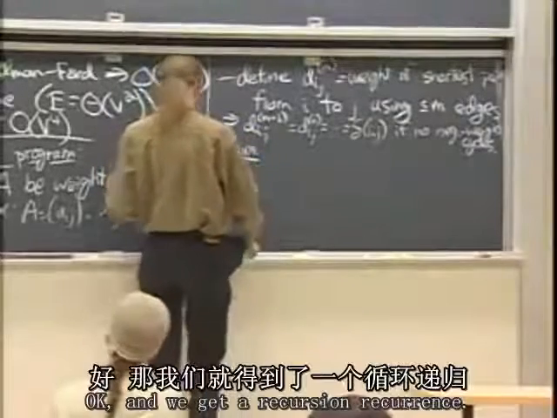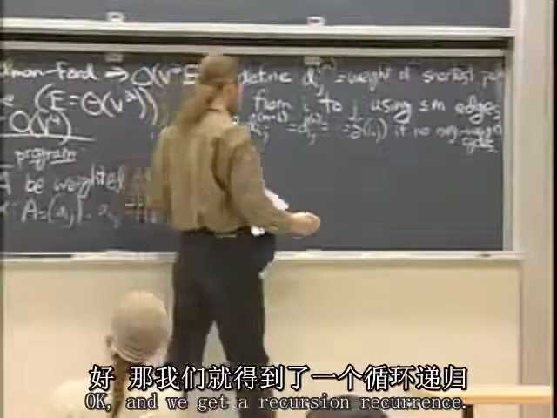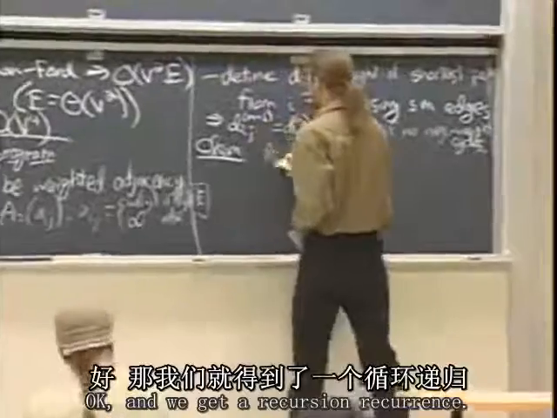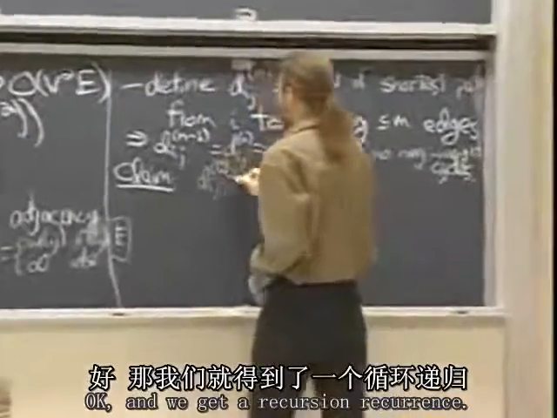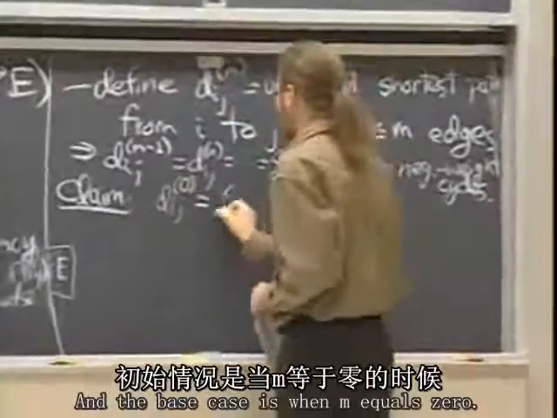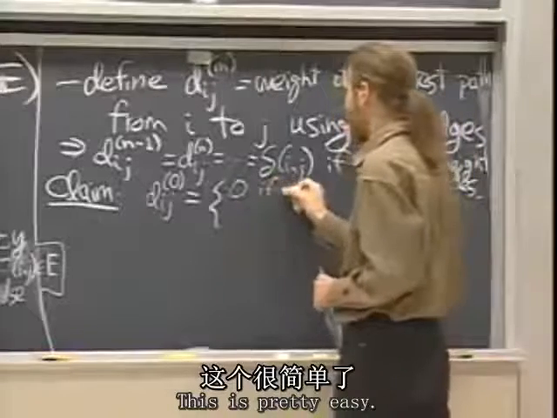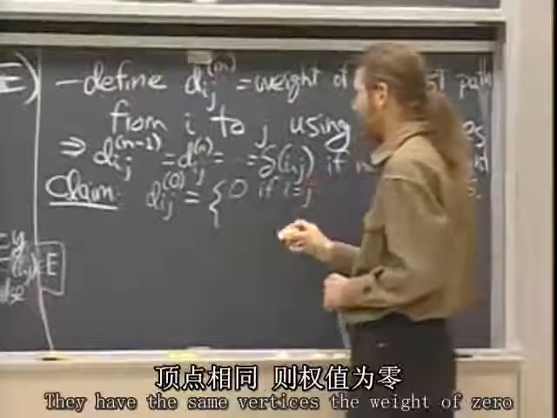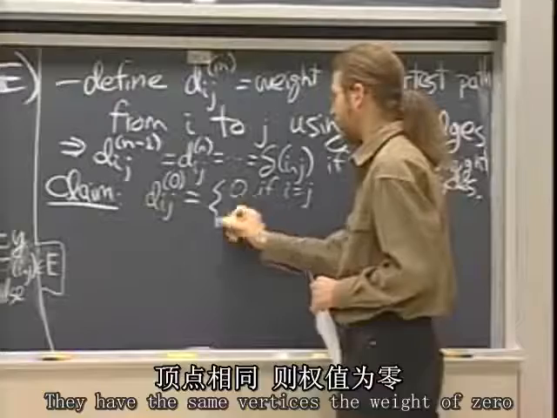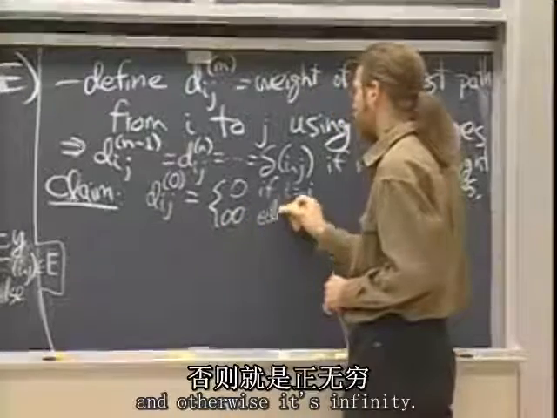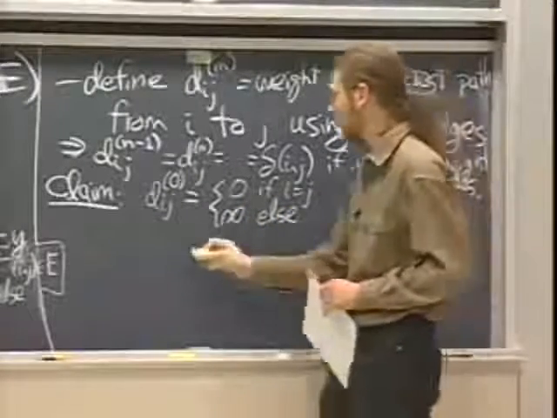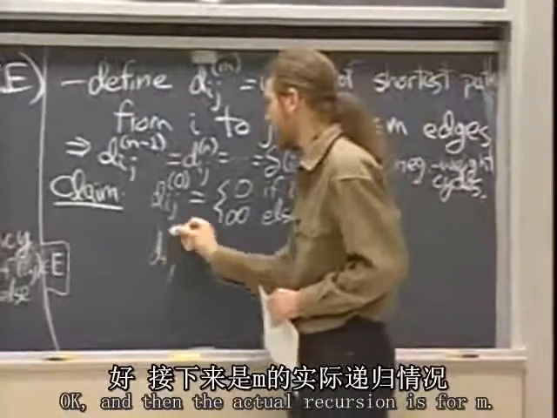Okay, and we get a recurrence. And the base case is when m equals 0. This is pretty easy. If you have the same vertices, the weight is 0, and otherwise it's infinity. Okay, and then the actual recursion is for m.